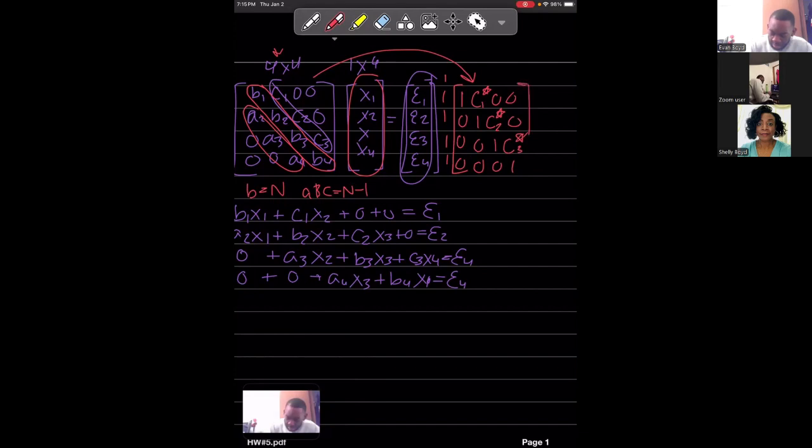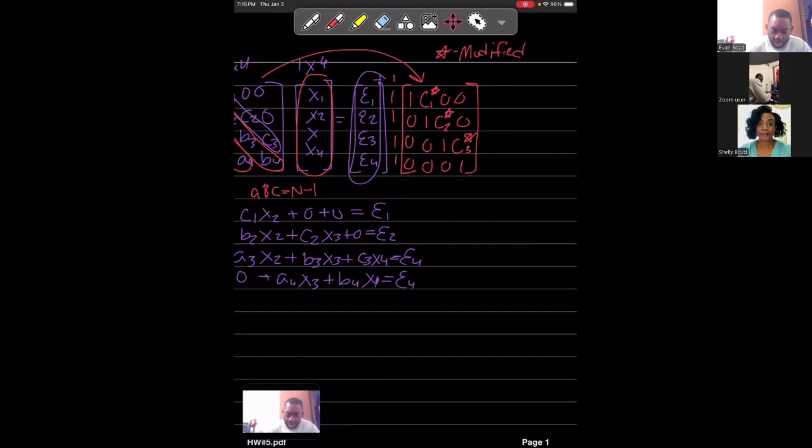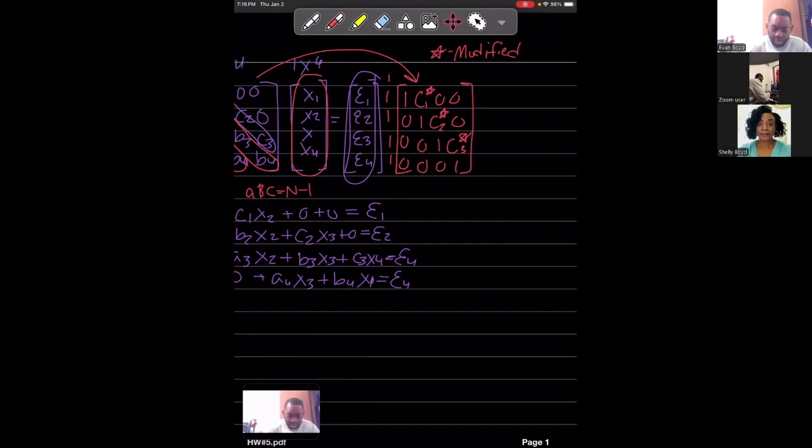And the reason why we have a star is because this represents our modified values. What we're doing here is modifying our C's to rework the matrices to find our X's.